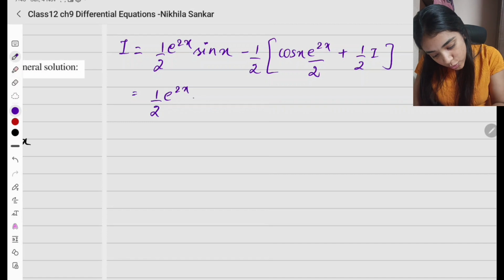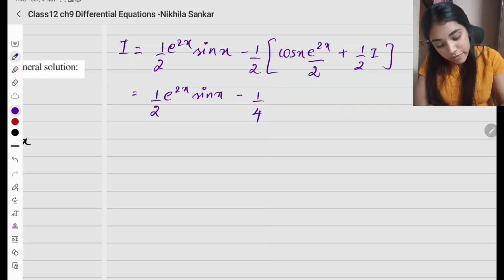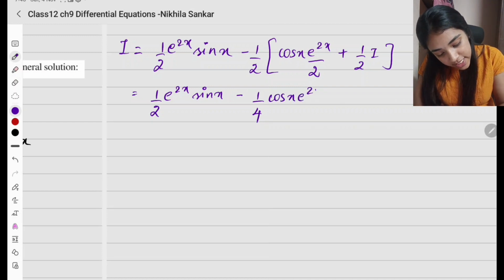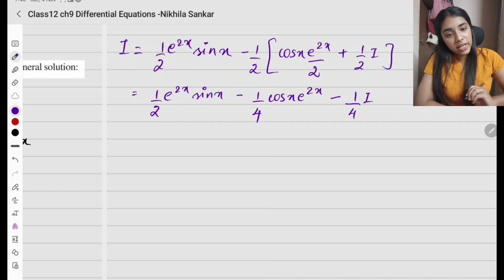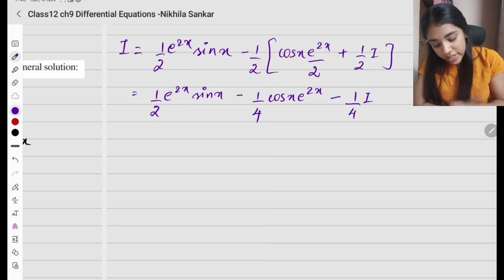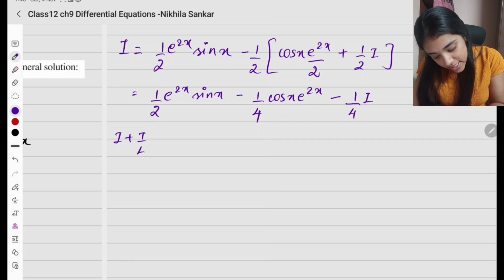So what do I have? Half e to the 2x sin x minus, I'm going to open the bracket. So half into 1 by 2 is going to be 1 by 4 times cos x e to the 2x minus 1 by 4 I. So the minus 1 by 4 I, I'm going to take it to the left hand side. So what do I have? I plus I by 4 equals, I'm going to take half outside. So I have half into e to the 2x, can we take common?